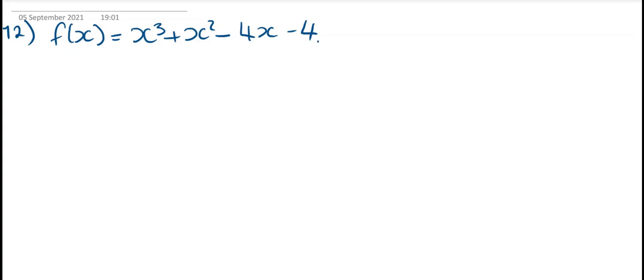Okay, so question 72. X cubed plus x squared minus 4x minus 4. So we have 4 terms. When we have 4 terms, we can factor by grouping.